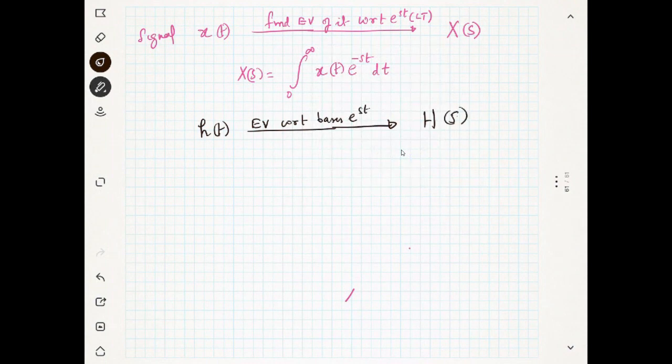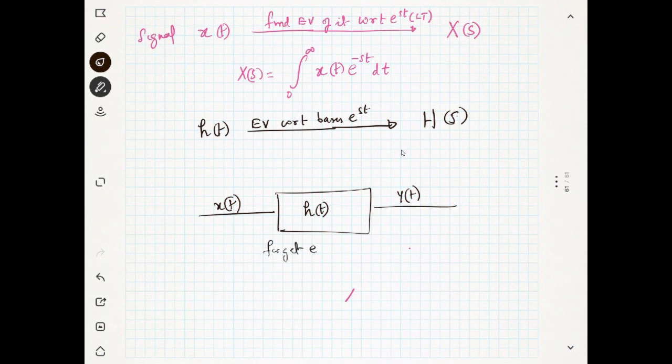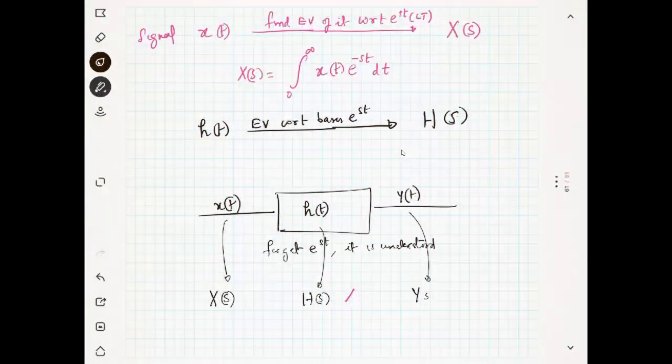So what is happening here in a system? If you have a system h of t, input x of t and output y of t, you forget about e power st. It is understood because we are talking about Laplace. So what is the eigenvalue for the input? X of s. What is the eigenvalue for the system? H of s. So the eigenvalue of the output will be how much?